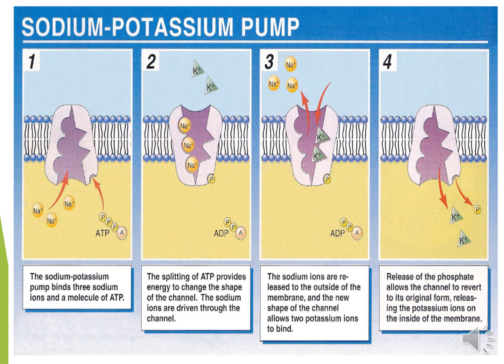In the third step, the sodium ions are released to the outside of the membrane and the new shape of the channel allows 2 potassium ions to bind. In the fourth step, the release of phosphate allows the channel to revert to its original form, releasing the potassium ions on the inside of the membrane. This is the best example for an active transport.